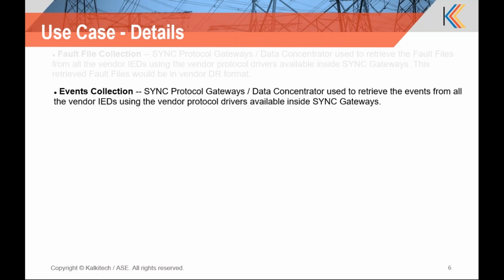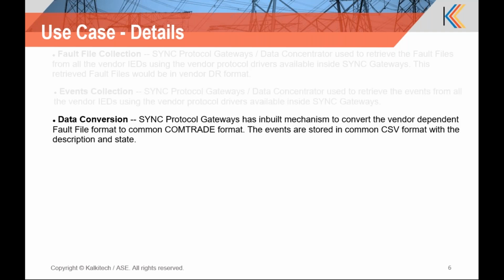Along with the fault file collection, it also collects the event files from the IED protection relays and converts them into CSV format, and these event files are also available in SYNC2000.